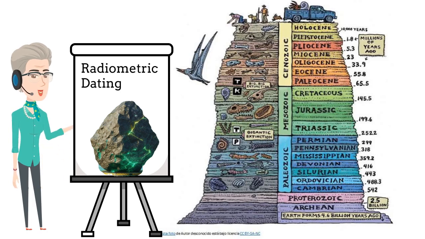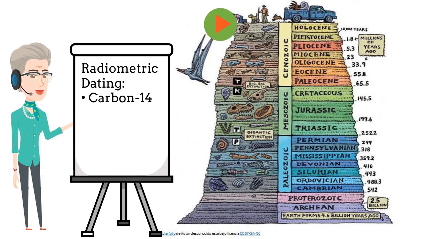decay products. Commonly used radiometric dating methods include carbon-14 dating, used to date organic matter up to approximately 50,000 years old. Carbon-14 dating is based on the decay of the isotope carbon-14. The isotope can be found in not very old fossils.